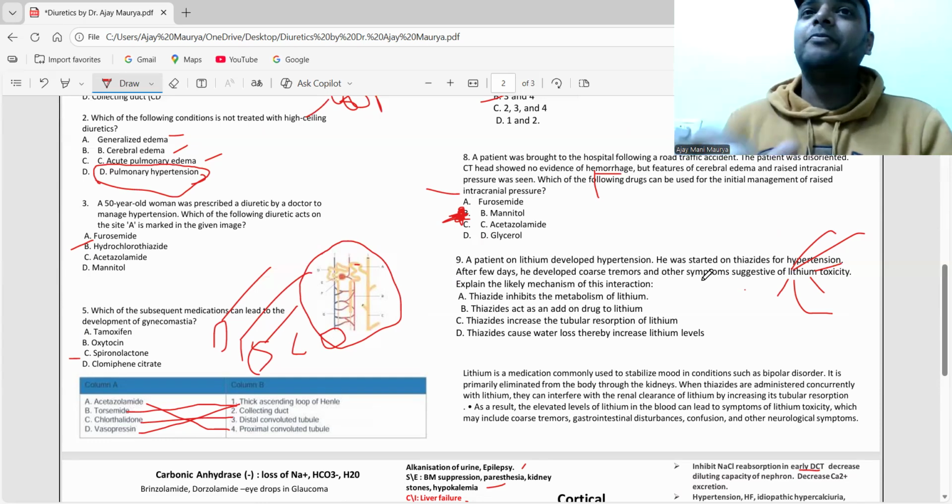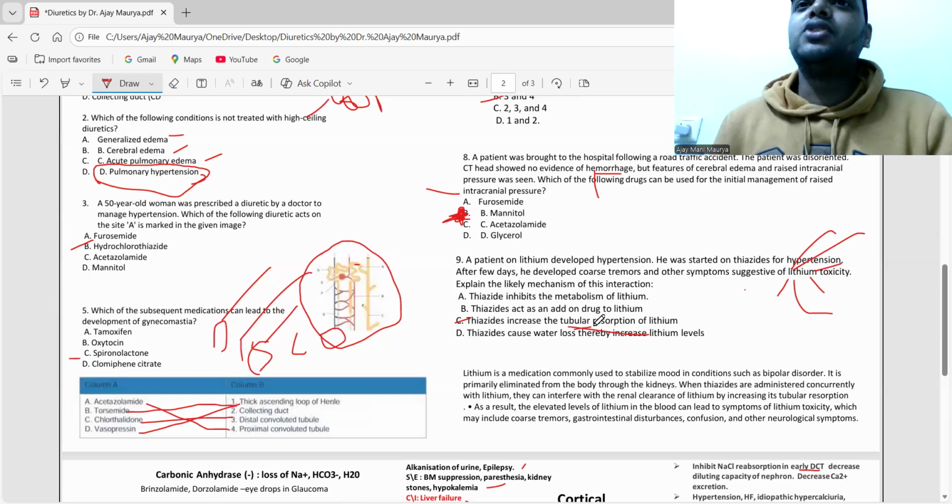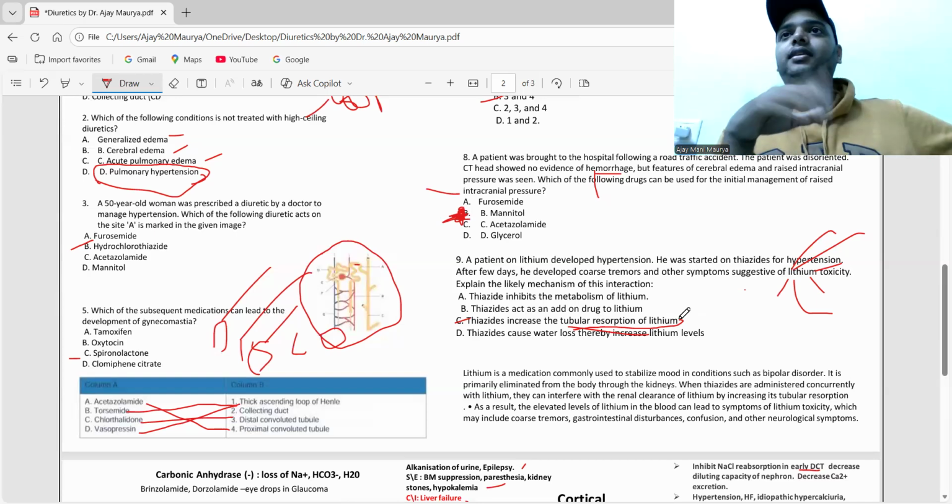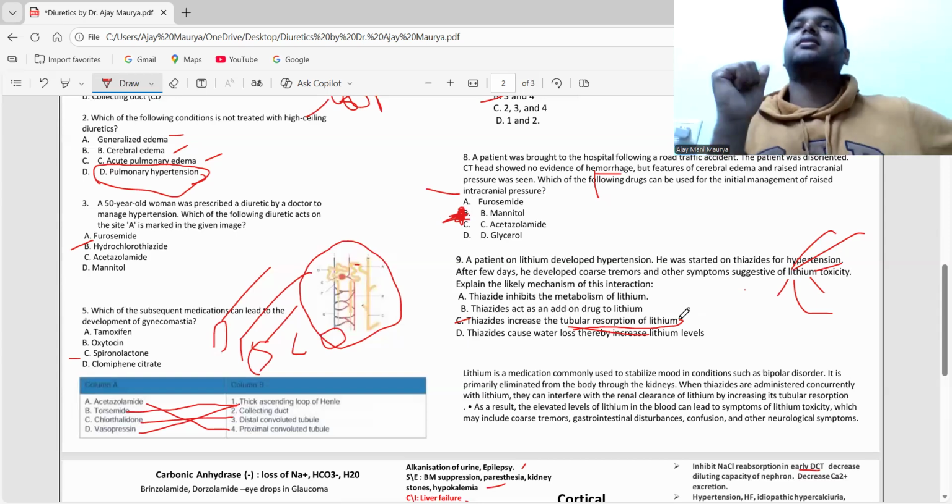What is happening here? The thiazides increase the tubular reabsorption of lithium. That's why it causes diabetes insipidus here. So you have to always avoid thiazides, and always monitor the lithium levels.